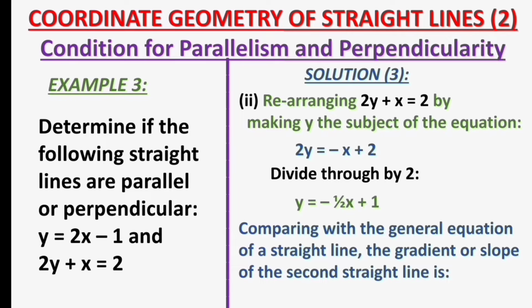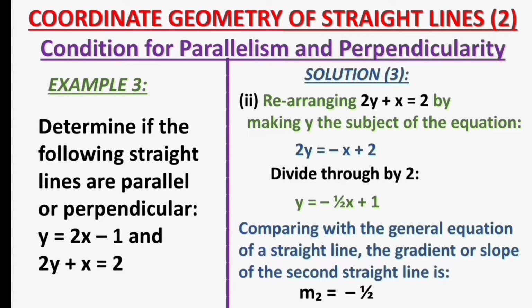Let's see if you are right again. The gradient or slope of the second straight line is m2 is equal to minus 1 over 2. This represents the coefficient of x in the rearranged equation. I hope you got that right.